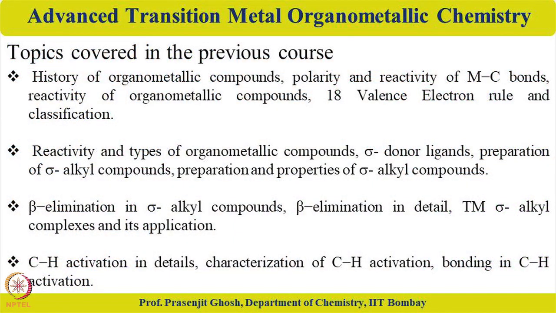The course started off with a brief overview of the history of organometallic compounds, then looked at the reactivity and the types of organometallic compounds, particularly their classifications based on their sigma and pi donor properties, and the various kinds of decomposition reactions, in particular beta elimination in sigma alkyl complexes as well as in transition metal alkyl complexes. Their utility in various catalytic applications was also looked at in our earlier course.